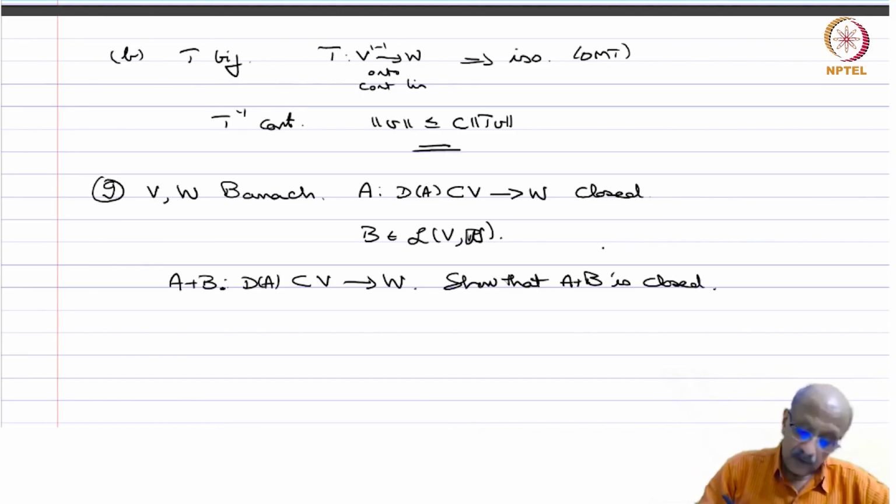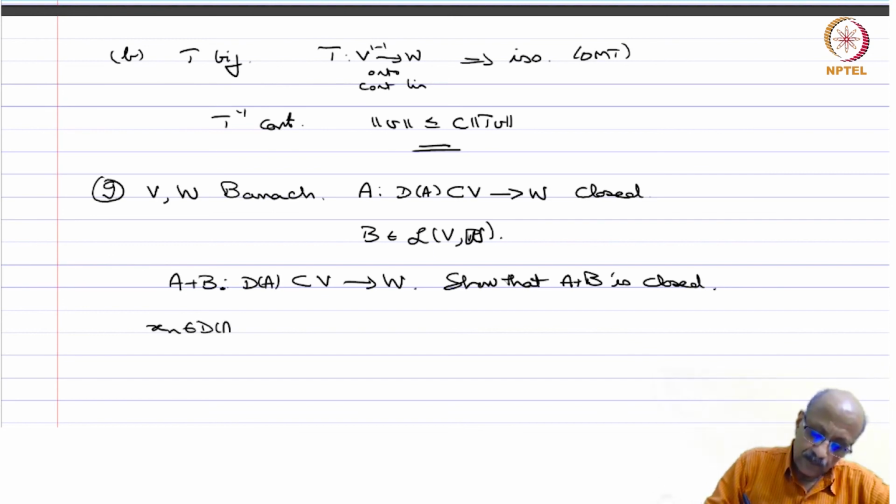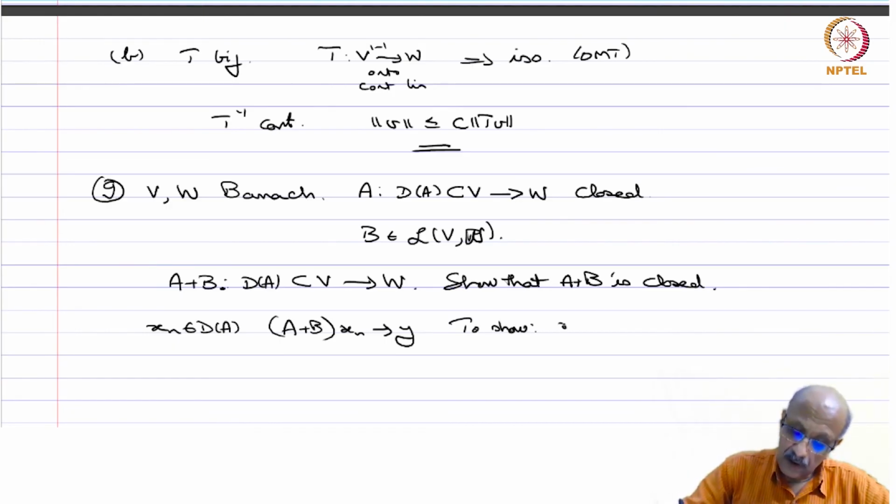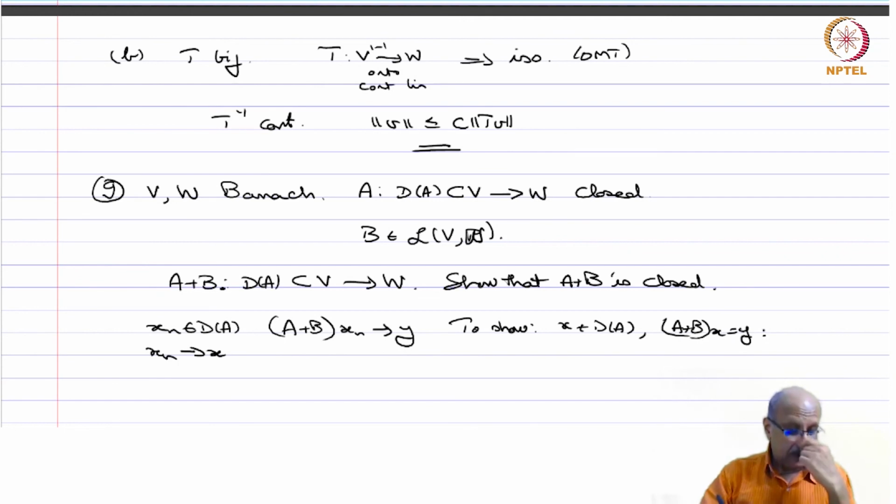Okay, so what do we mean? Closed means: let x_n belong to D(A) and (A+B)x_n converge to some y. To show: x_n going to x, so x belongs to D(A) and (A+B)x equals y. These are the two conditions we have to show.